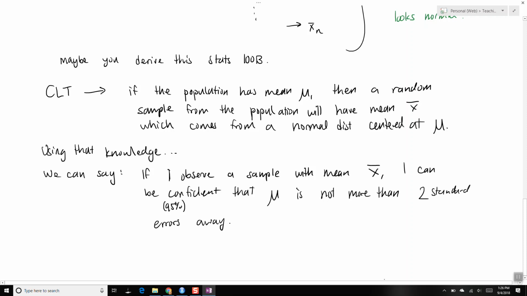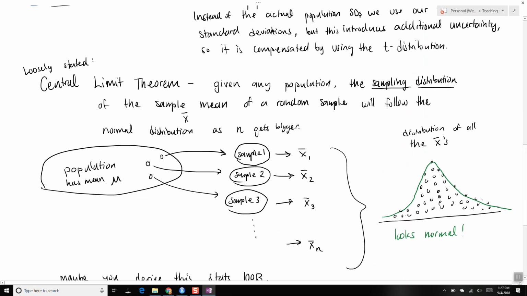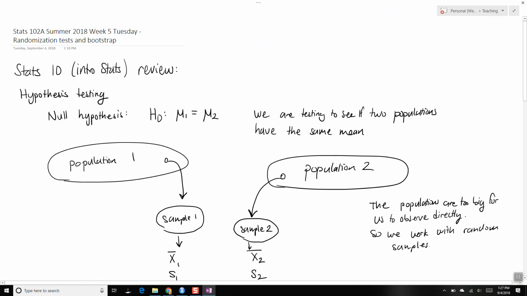And then we did a bunch more math and arrived at the test statistic. Does that feel good? Remember this? Okay, great. With randomization tests and bootstrap, we're going for the same thing. We want to do a hypothesis test.